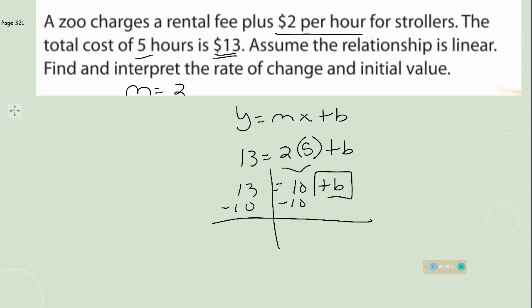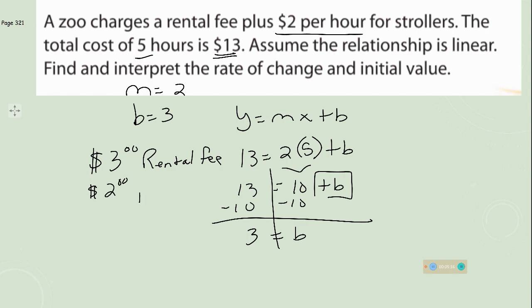Remember, both sides of the equal sign. 13 minus 10 is 3, so b equals 3. They charge $3 for the rental fee plus $2 for every hour. So, $3 rental fee, $2 per hour.